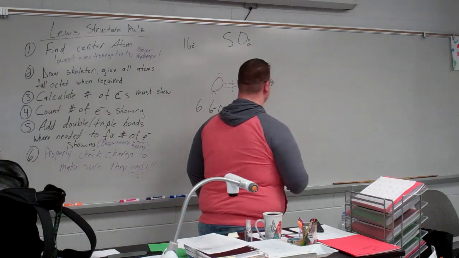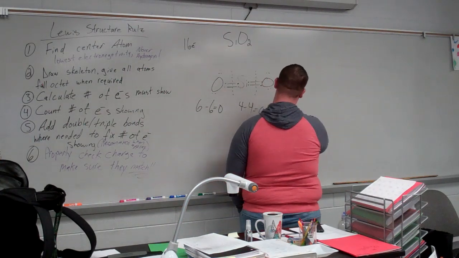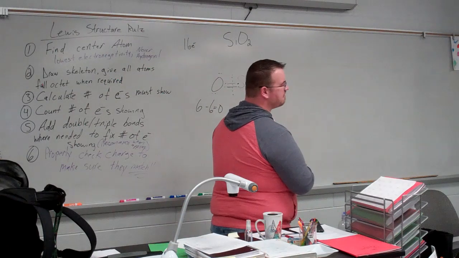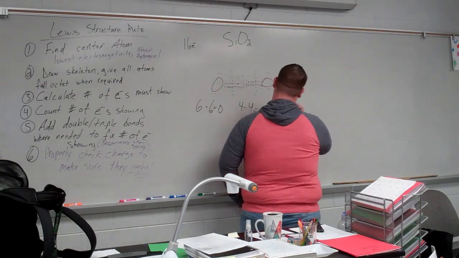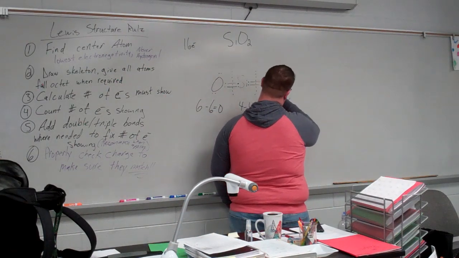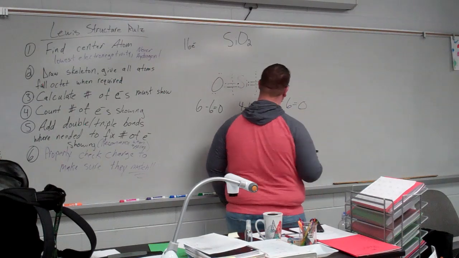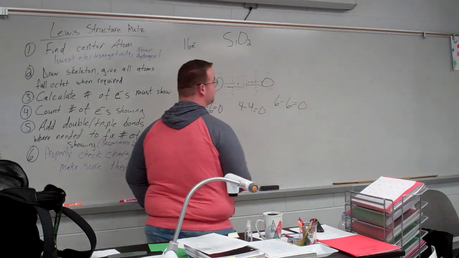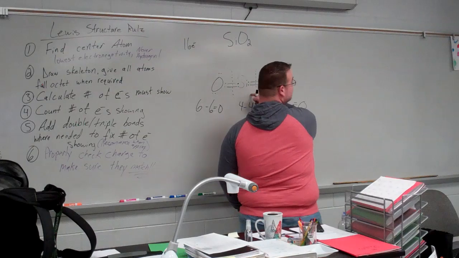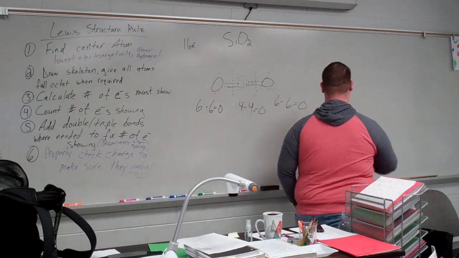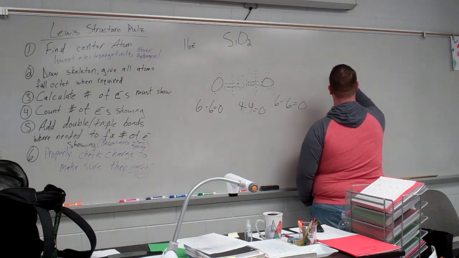Awesome. Let's go to this last oxygen. Oxygen normally has 6. How many does it have right now? Showing 6. 0, neutral. So they're all neutral all the way through. That's great. That is not a properly drawn Lewis structure, so I must redraw it.